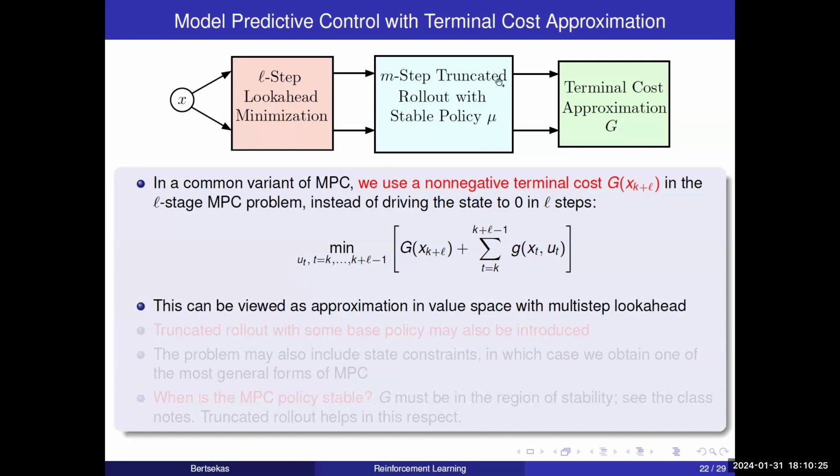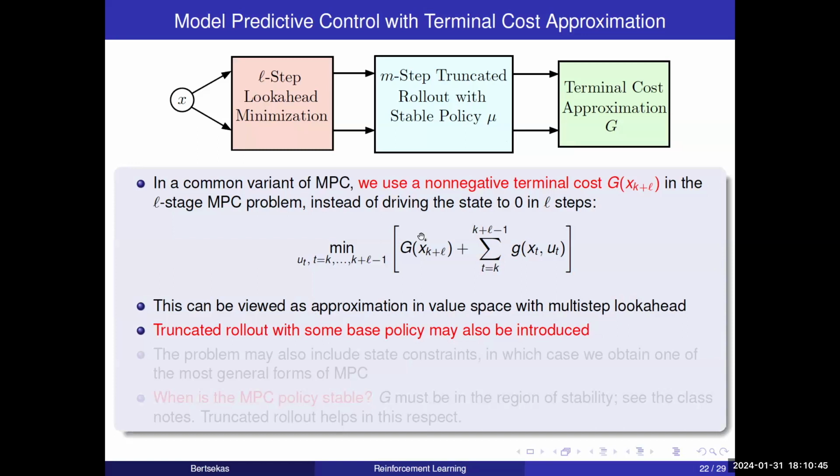So without this middle box here, it is approximation in value space with multi-step lookahead, L-step lookahead. You can also introduce truncated rollout with some policy, some stable policy. It's important that the policy be stable.